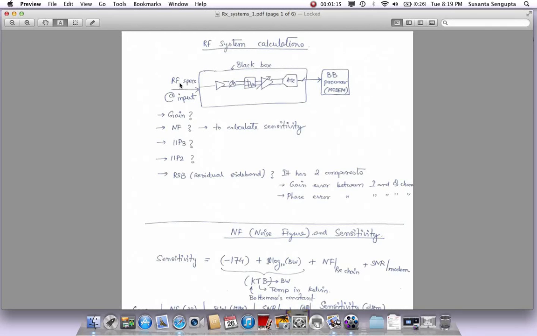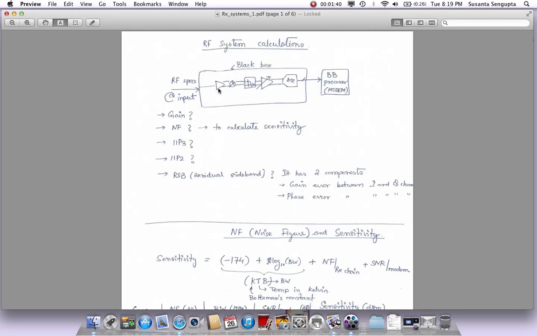When you have done it at the system level, at this black box level, then you go down and derive the specs for the blocks themselves. This is a very important process, because as a designer, sometimes you go to the industry and you're given a block and its specifications, and you're just fighting to meet the specification. You don't have visibility outside of your block. Let's say you're an LNA designer.